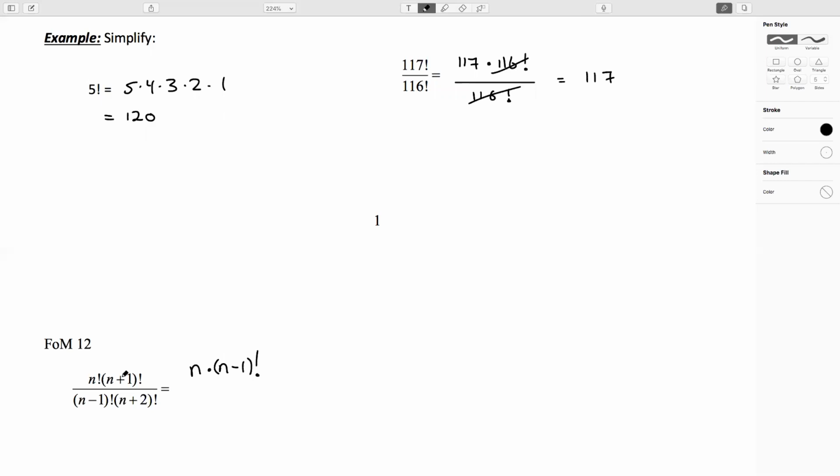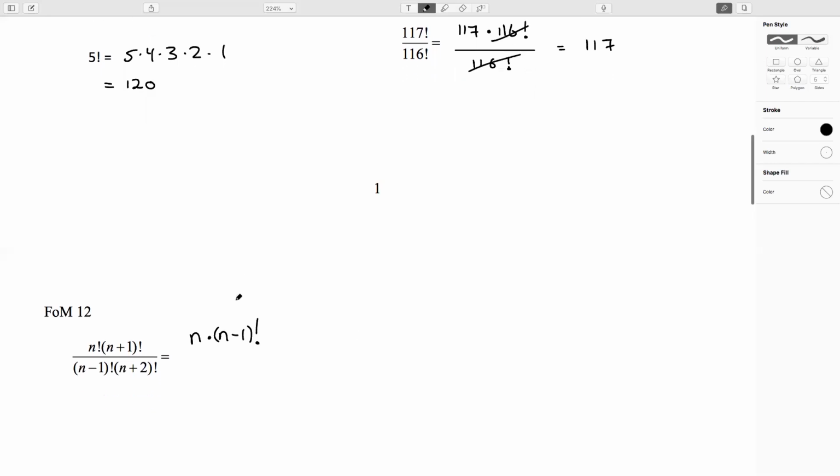So I do need to try and reduce this a little bit. Oh, sorry, I forgot to write my n plus 1 factorial. I need to reduce the bottom. So I'm going to leave my n minus 1 factorial because I can cancel it out on the top.